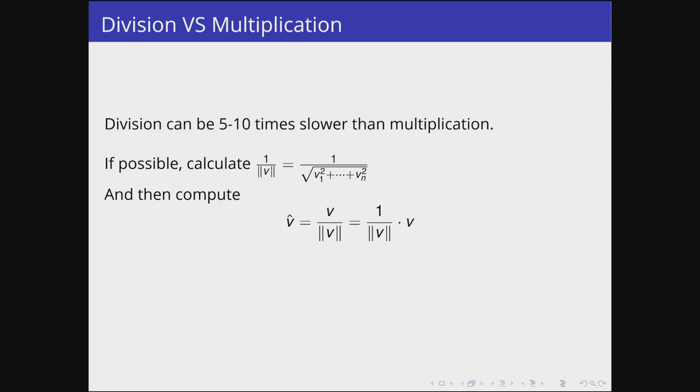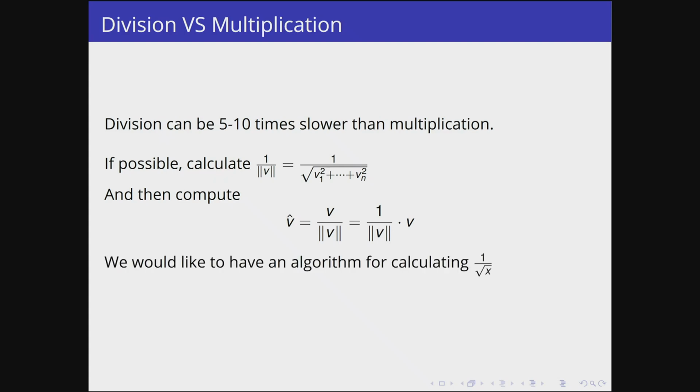Okay, as I said before, a division is 5 to 10 times slower than multiplication. Nowadays it is still true, but only up to factor 2, I think. And so we want to use the division as few times as possible. So we want to compute the inverse of our vector length and then multiply every element of the vector with the inverse of the vector length instead of dividing.